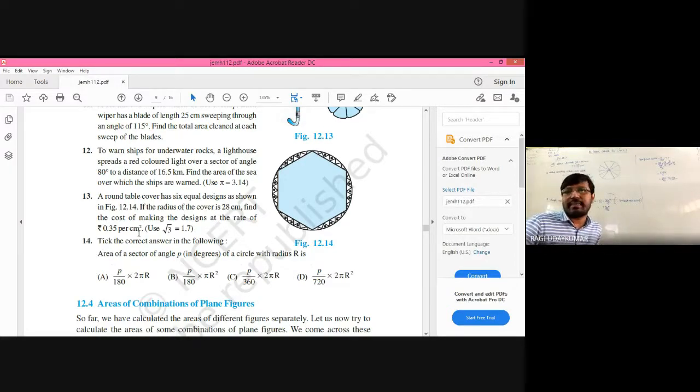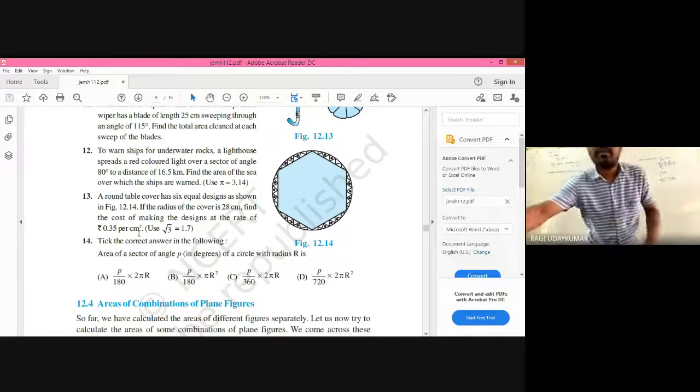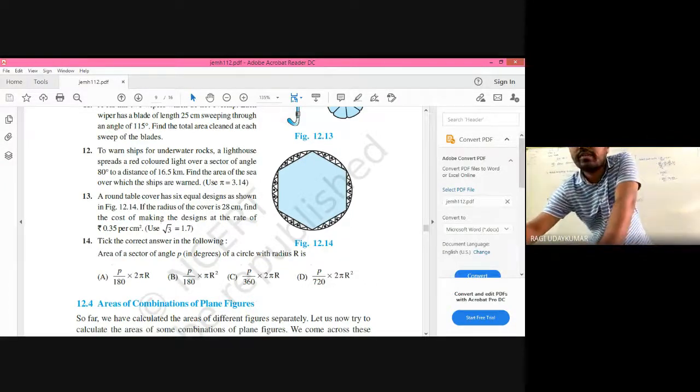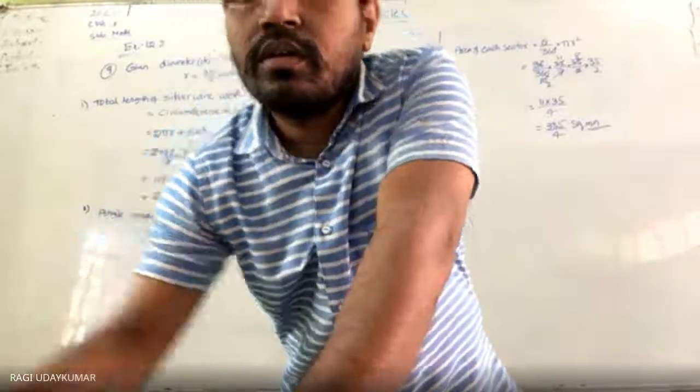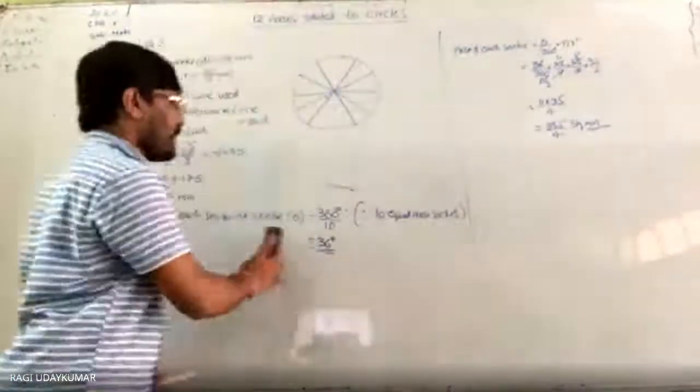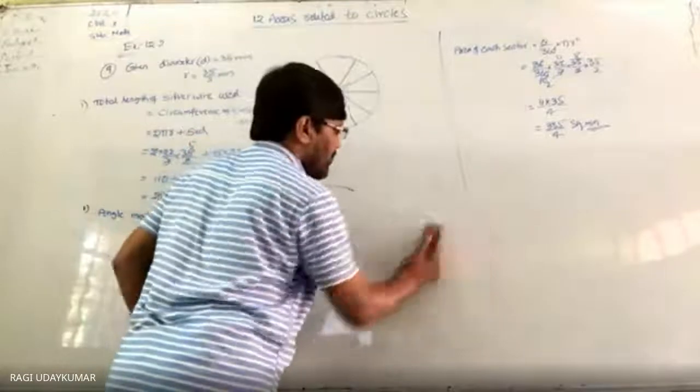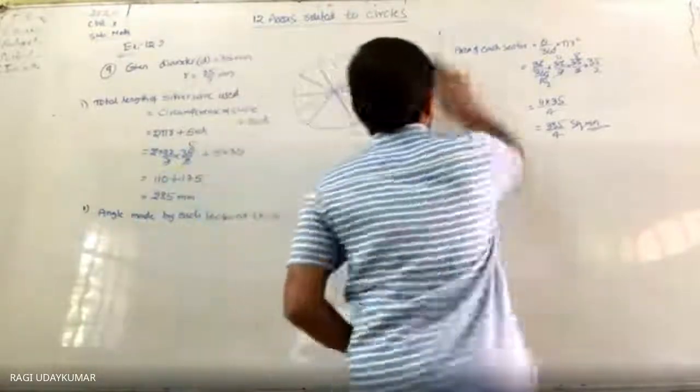Don't worry, I will explain it to you. 13th question is the last question here. The 14th question is simple, nothing in it.